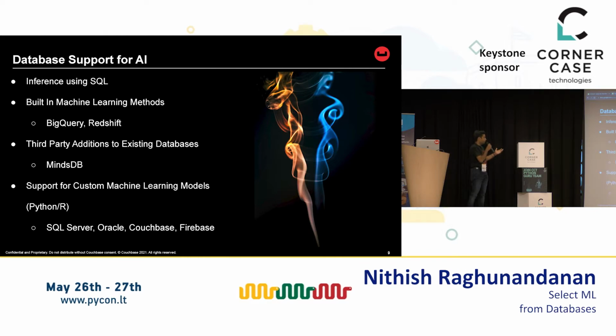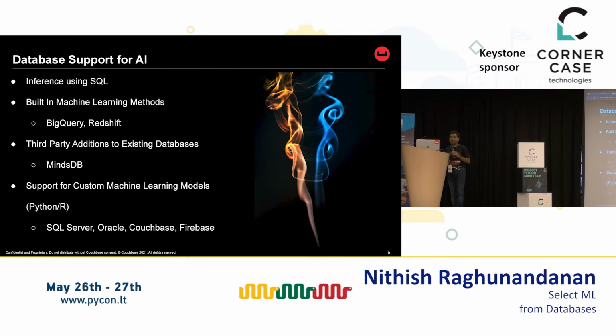For example, you have BigQuery or Redshift, where you can directly call TensorFlow models, and they also have built-in support for a lot of algorithms like support vector machines, gradient boost, and so on.